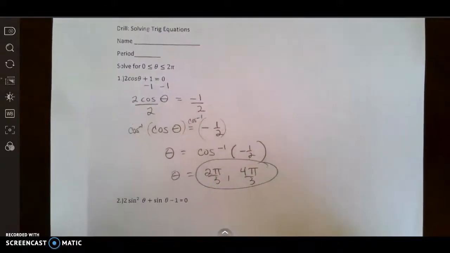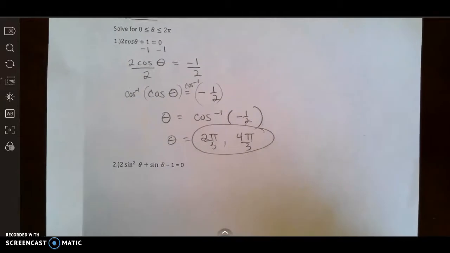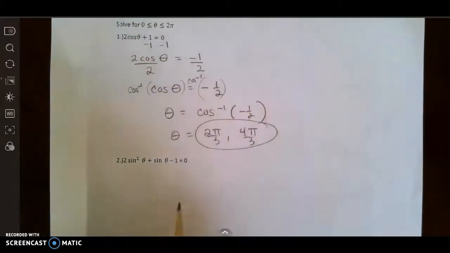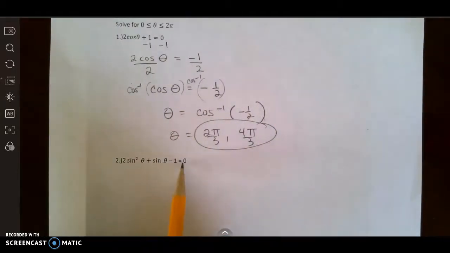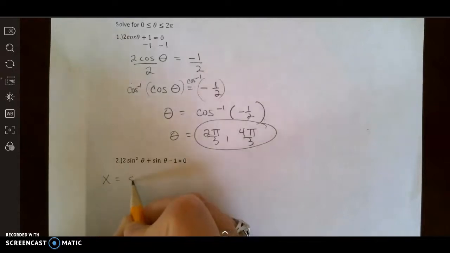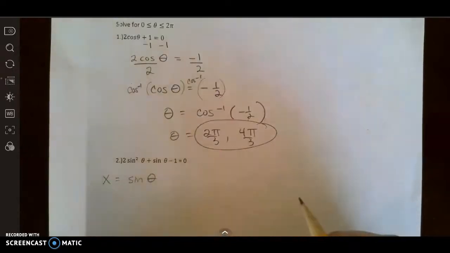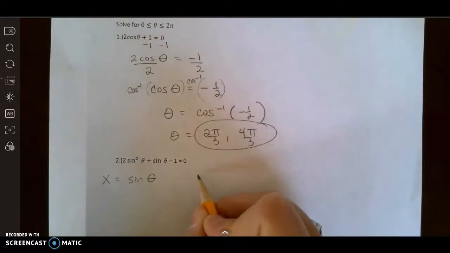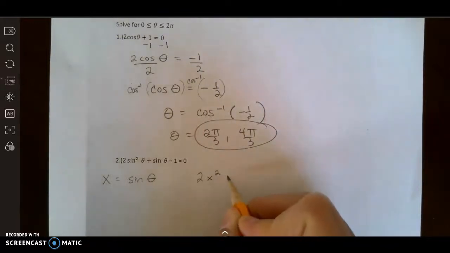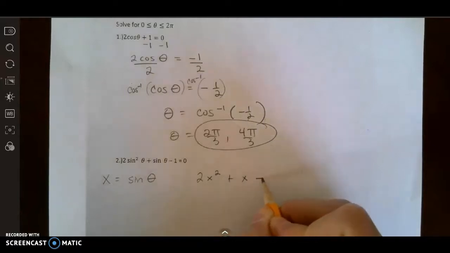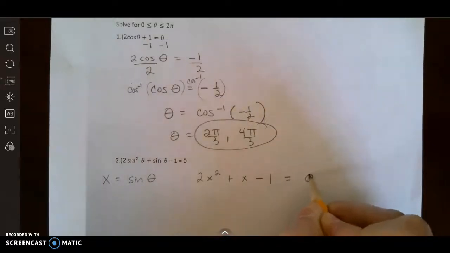Okay. Next, we're going to look at this one, which we're going to need to factor. First, it's set equal to 0, and so I don't need to worry about that. Then I'm going to do a little substitution and let x equal sine of theta. And I'll rewrite the equation as 2x squared plus x minus 1 equals 0.